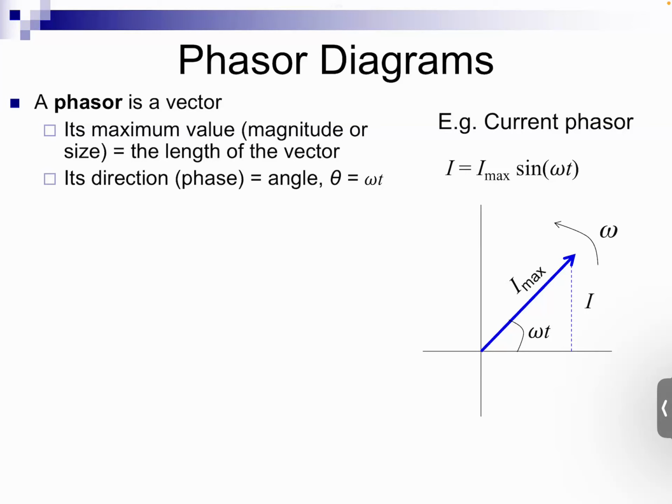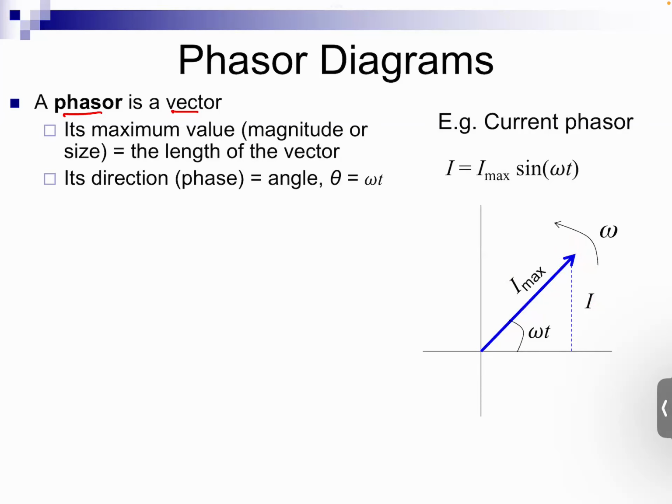So let's learn more about the phasor diagram. As I've already mentioned, the phasor diagram uses a phasor, and a phasor is actually a vector. So this blue arrow here is your phasor, which is the vector. It represents the current I in the circuit.